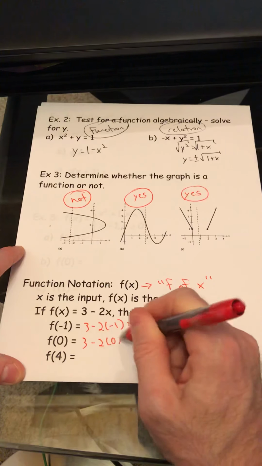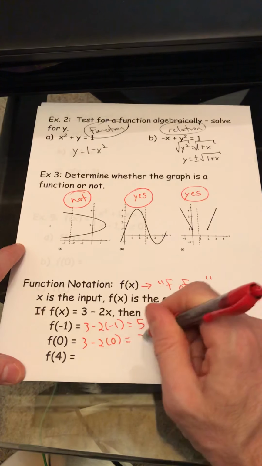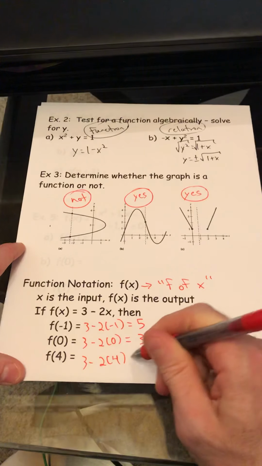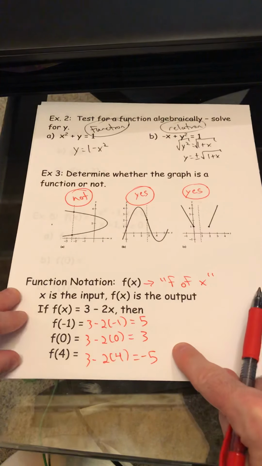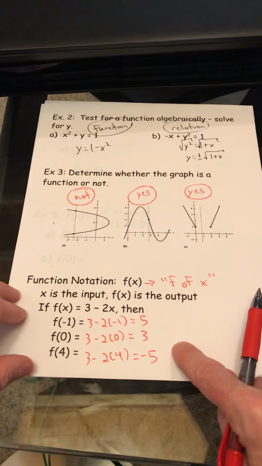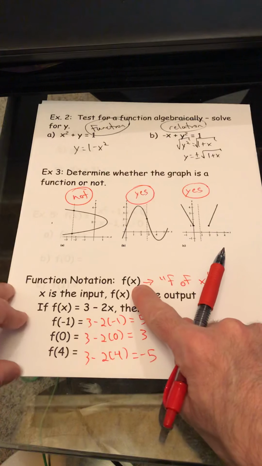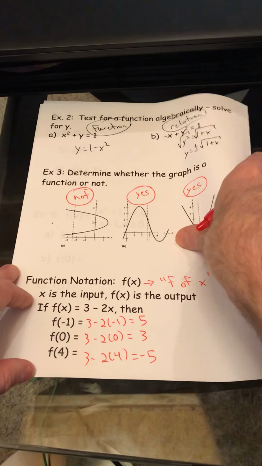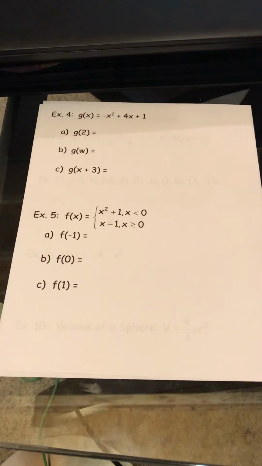Basically, with function notation, you're just replacing x with a value. Probably more often than not, as we work throughout this year, you're more likely to see function notation f of x equals than y equals. As you get into higher level math classes, it's more common to see function notation used.